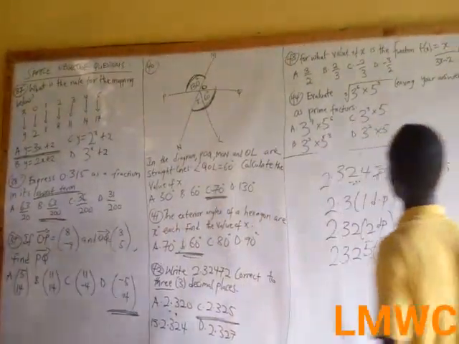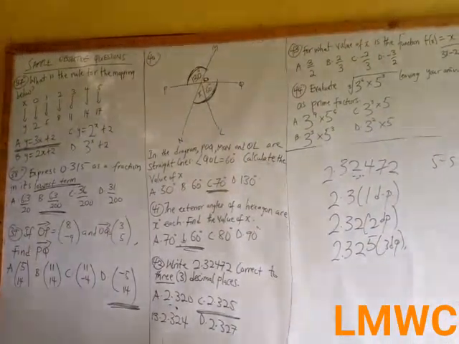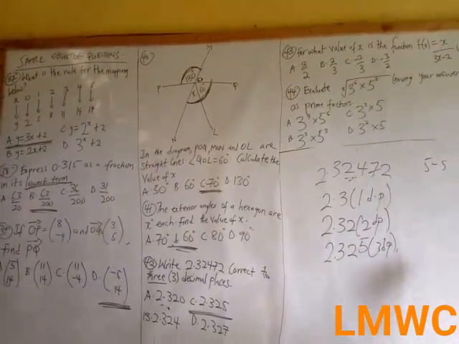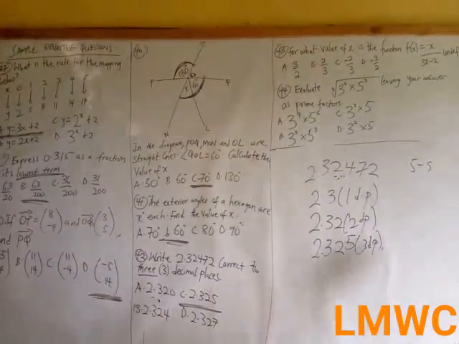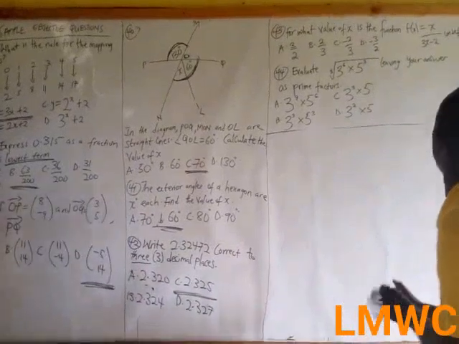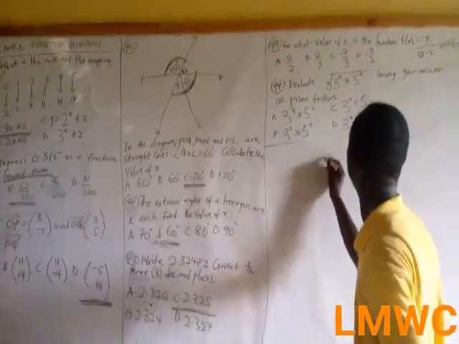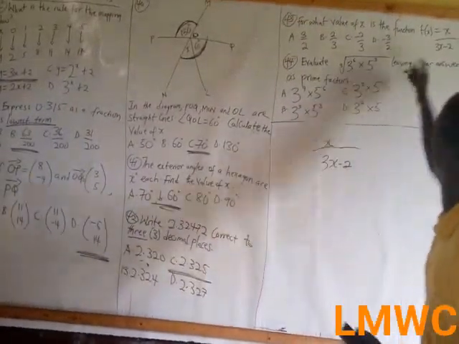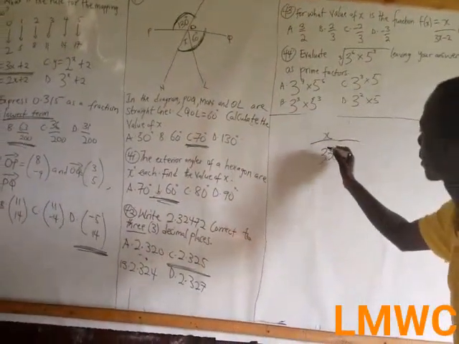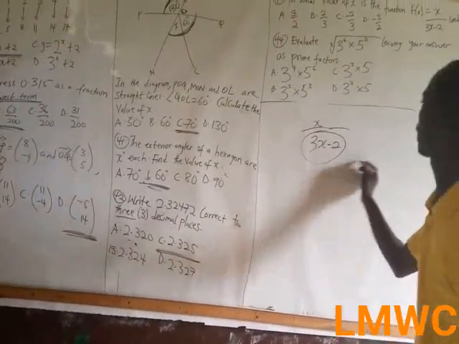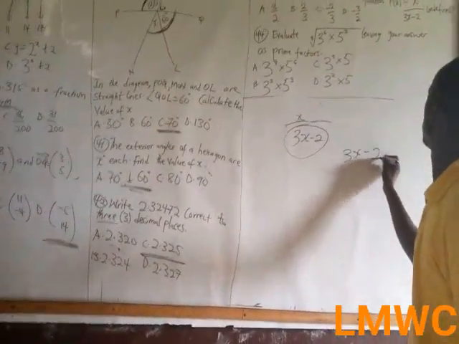Question 43. For what value of x is the function x over 3x minus 2 undefined? We have x over 3x minus 2. So if you meet a question like this, you equate the denominator to what? 0. So it becomes 3x minus 2 equal to 0.